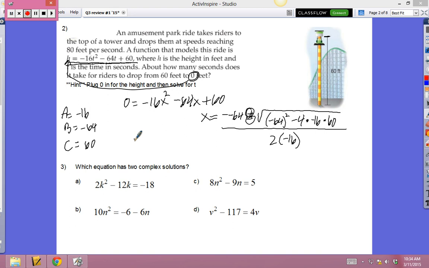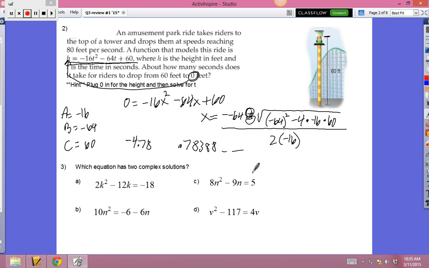Okay, so my 2 roots are a negative 4.78 seconds and 0.78388 blah blah blah seconds. And the negative seconds doesn't really apply to this context, so I'm going with this. So you will hit 0 at exactly 0.7838.